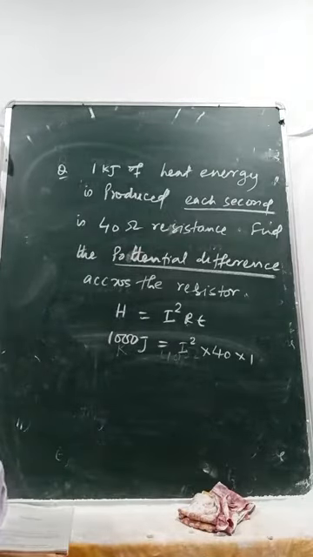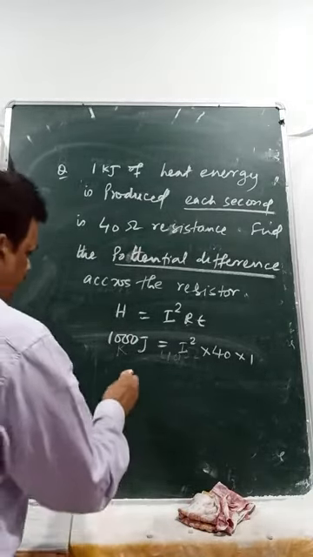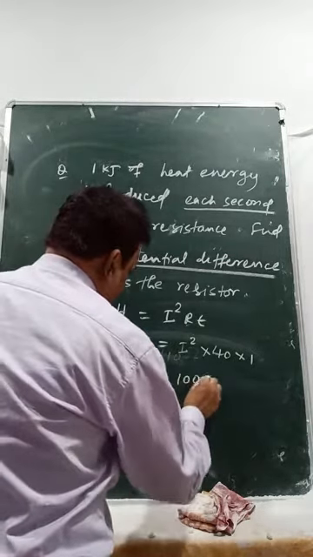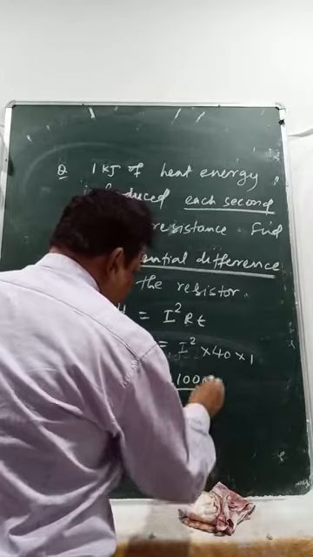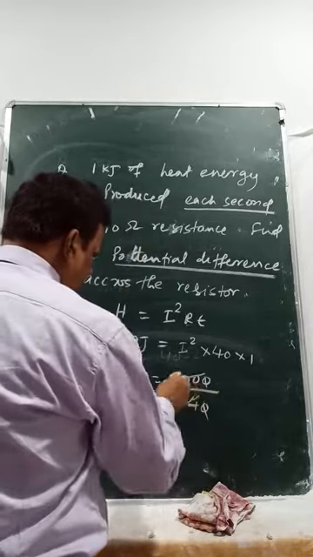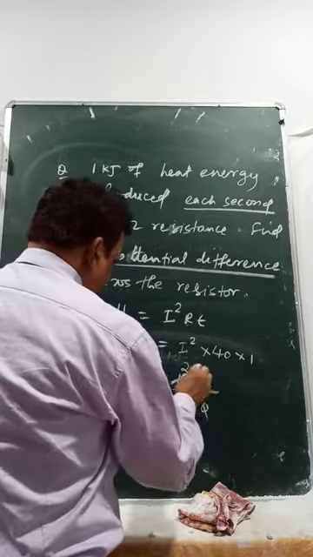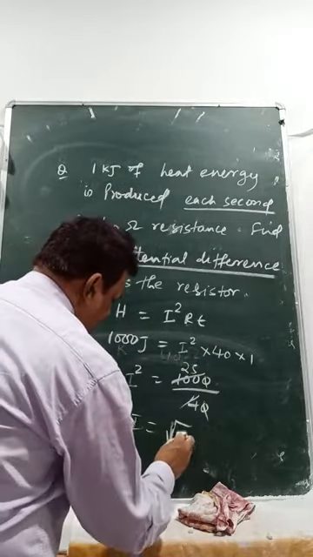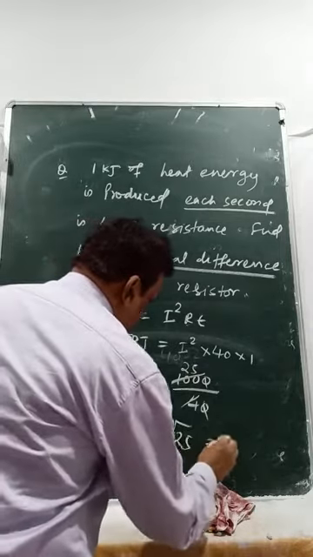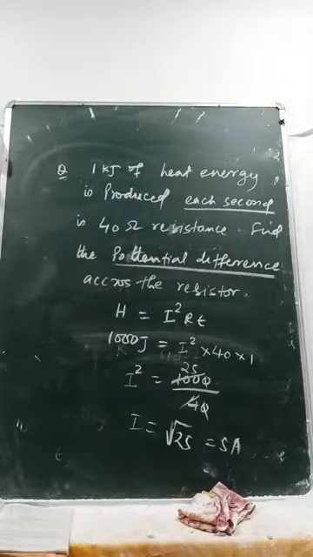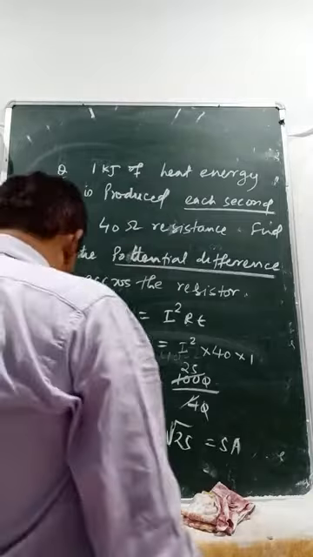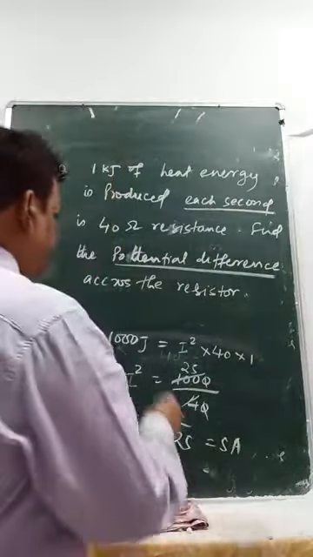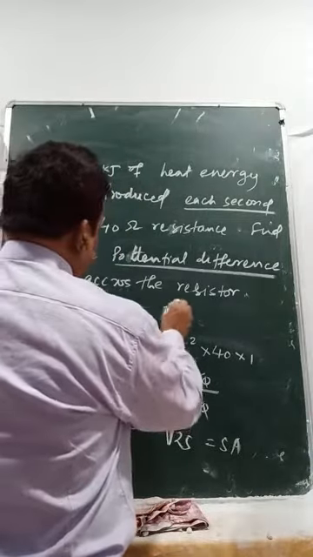So I square equals 1000 divided by 40, 0 cancel, 100 by 4, which is 25. So I equals root over 25, that is 5 ampere. Now what is V? What is the formula here? V is equal to IR.